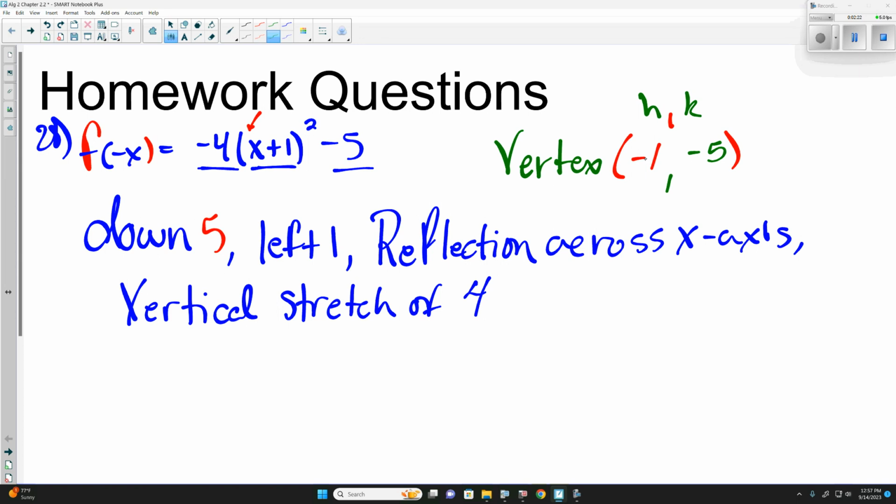Any other questions on number 28? Yes. If you want to make a correction, yes. But if you feel comfortable with it, then no. Okay, yeah. No. Okay. I was looking right at it.